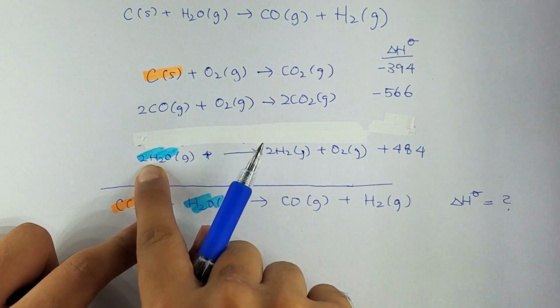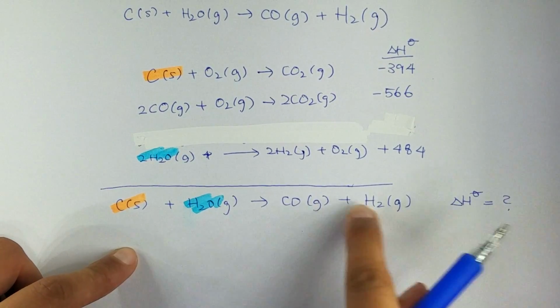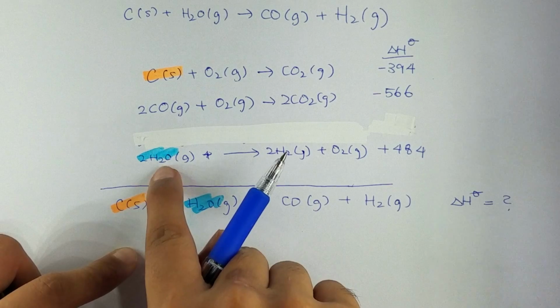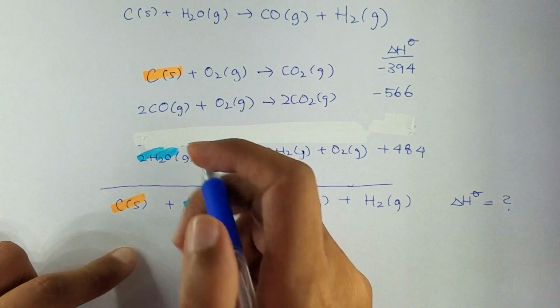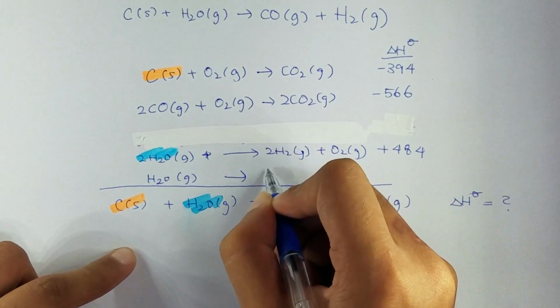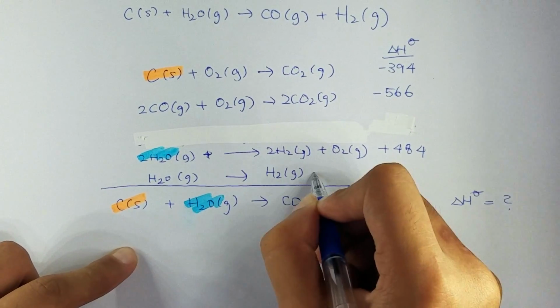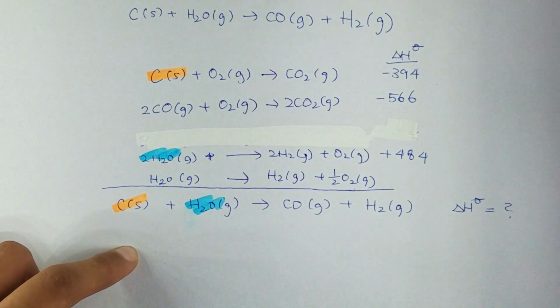How do we make 2 into 1? Now we cannot make this one into 2 because that will change the whole equation. So we have to adjust the equations they've given us. How do we do it? Divide by 2. So this will become H2O gas, H2 gas, and 1 becomes half, since we're dividing the whole equation by 2.